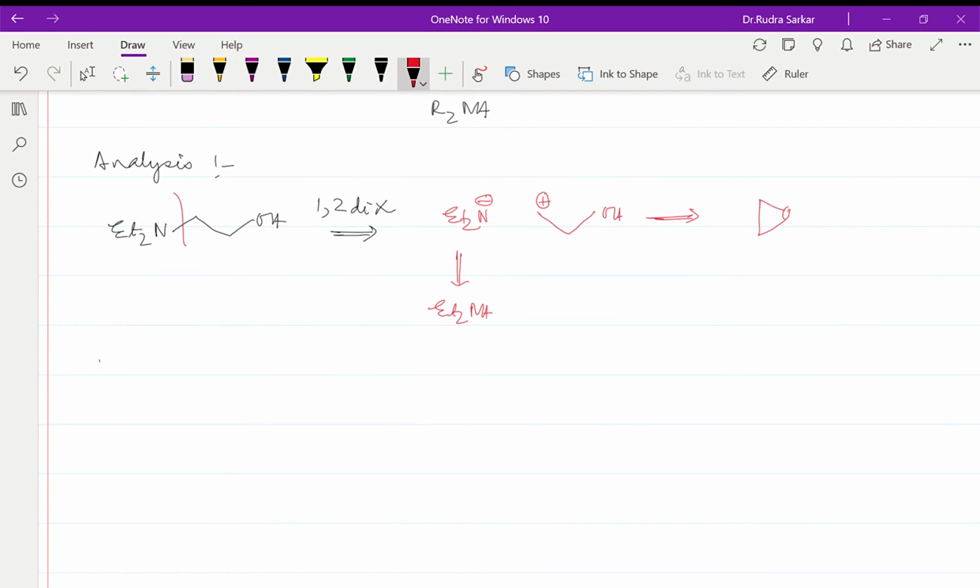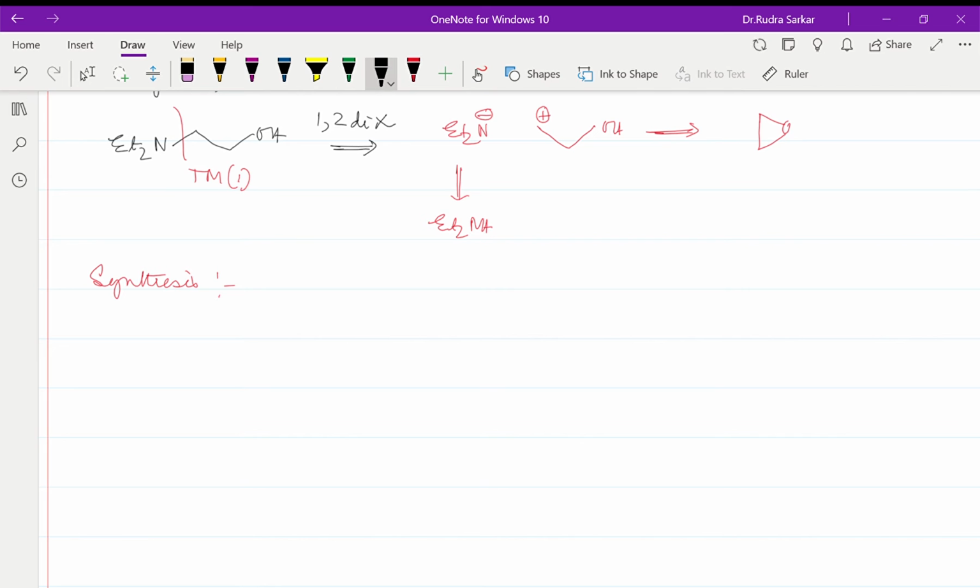So when we consider the synthesis of the target material out here, say we are calling this for this lecture target material 1, we will say this is R2NH in combination with the epoxide. We will have the target material 1 or molecule 1.